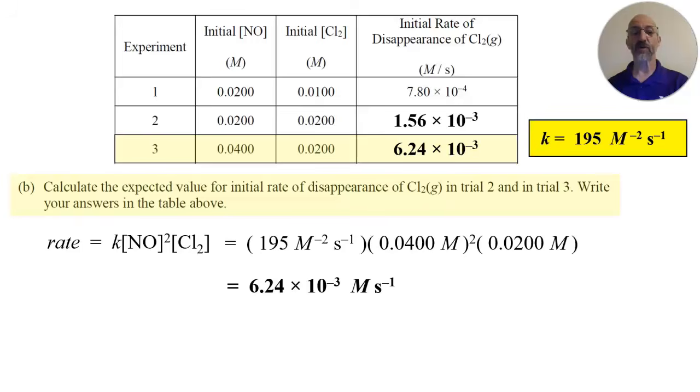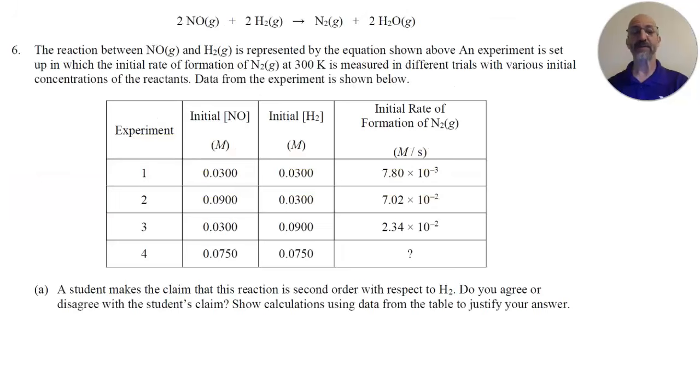So now it's time to move on to the next question. This is question 6. Now, as you look at question 6 and then you compare question 6 with question 5, you'll notice that there are some similarities. They both involve a data table. They both have to do with the initial rate of reaction.